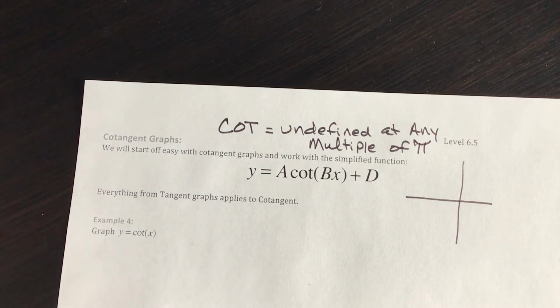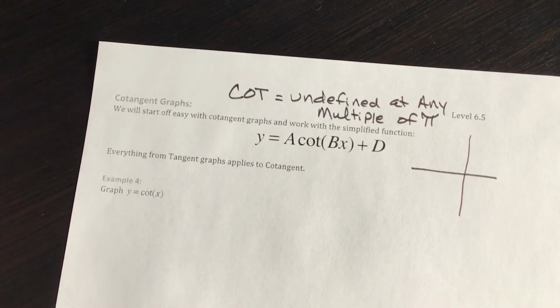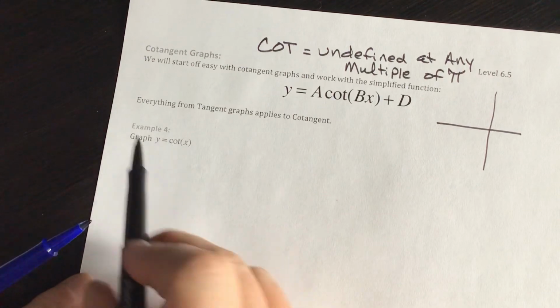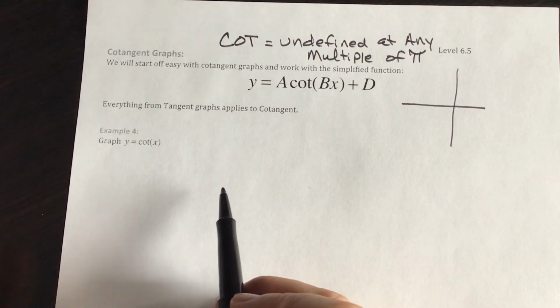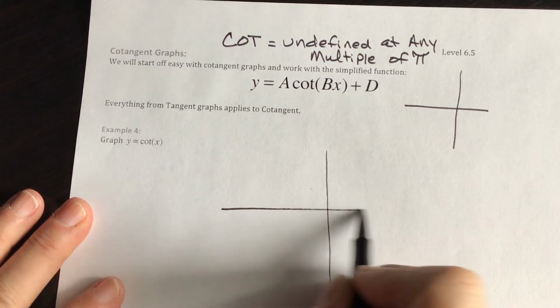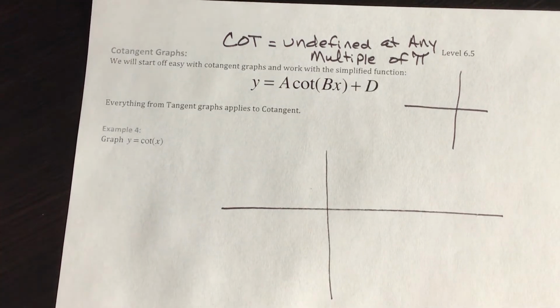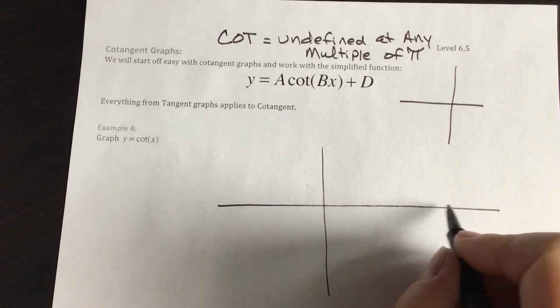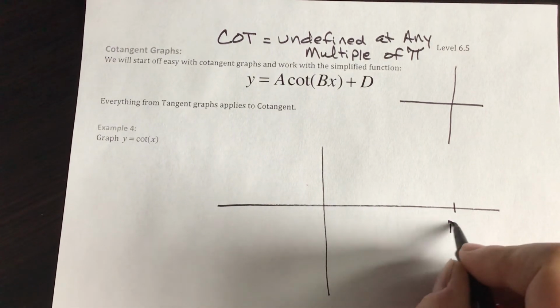All right, so this is a little bit nicer of a graph because when I'm graphing, first in example 4, I'm going to graph cotangent of x. So I can draw my axes, and at any multiple of pi or 0, let's do this. So here's pi.